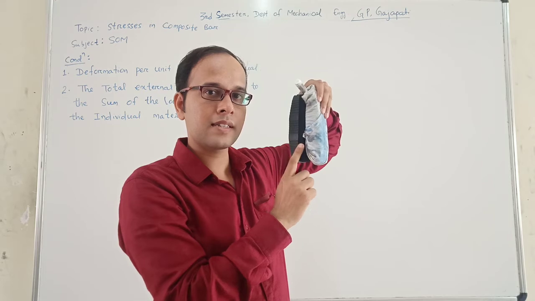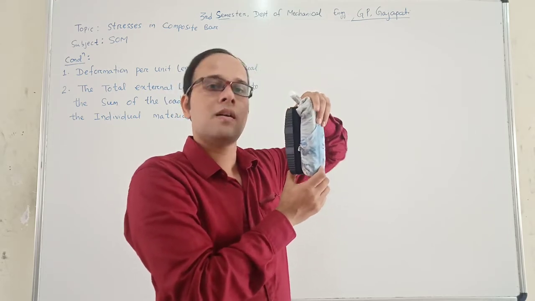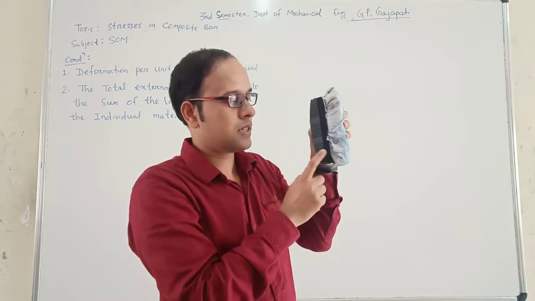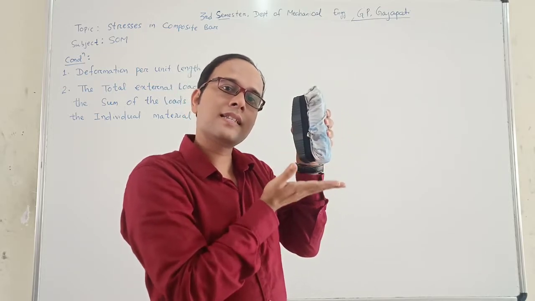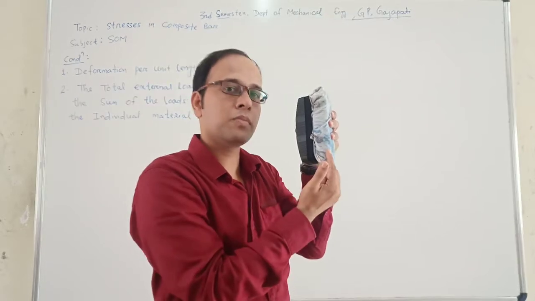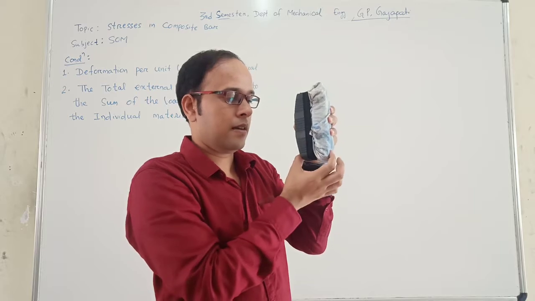When I call it a composite material, it will elongate the same amount. That means if I apply force, it will elongate the same amount, not 10 mm or 15 mm. Let it be 12 mm.